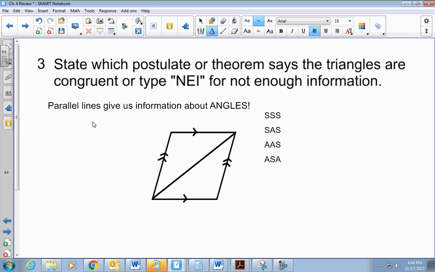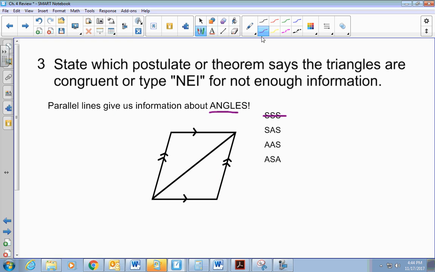That kind of information that we did in chapter 3 gave us information about angles. So what I'm going to do is eliminate side, side, side, because I don't have any information given about the sides. So there's no way I'm going to get all three sides congruent, especially when I have parallel lines that give us information about angles.